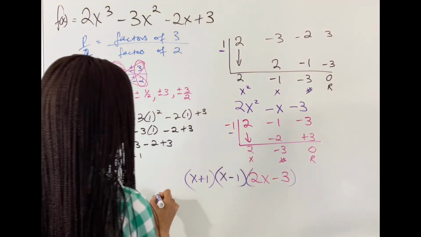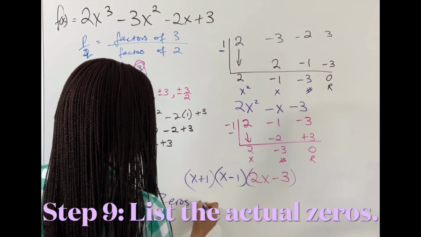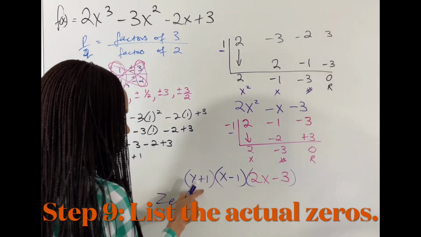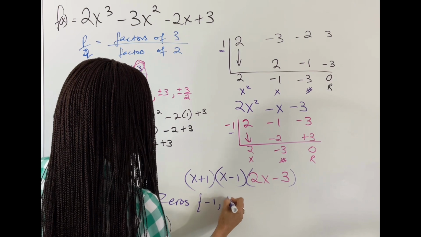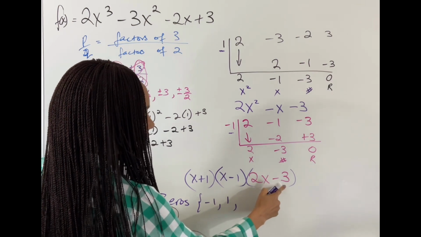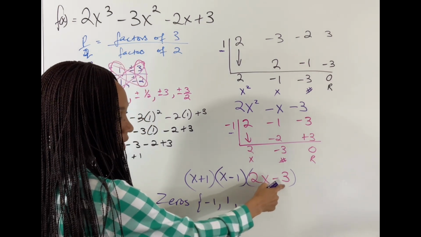And so our zeros now would be negative 1 in this case, comma 1, comma, you have here 2x minus 3.